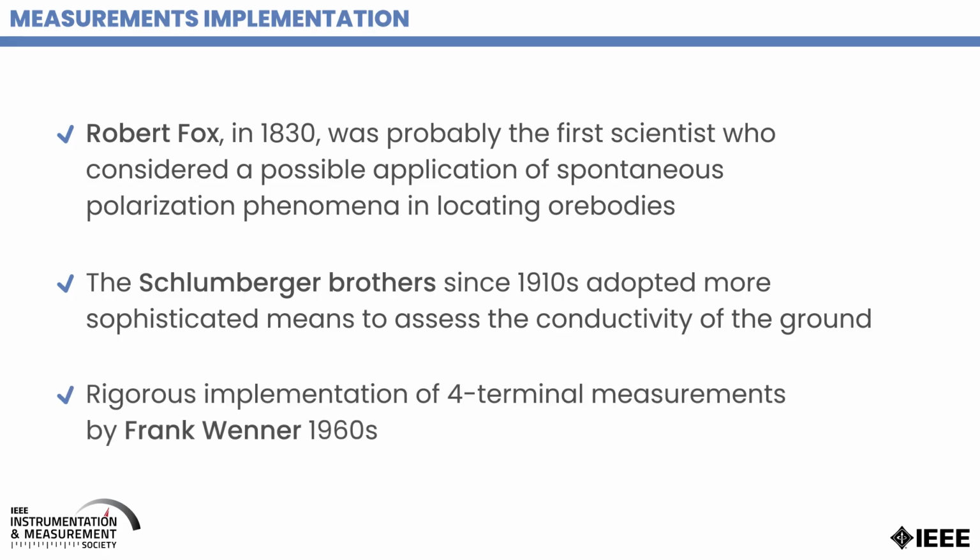In fact, Wenner published a method for measuring the Earth resistivity in 1916. The method required a current source and a voltage sense. Exactly what we do now in established 4-terminal resistance measurements that we apply here for electrical resistance tomography.